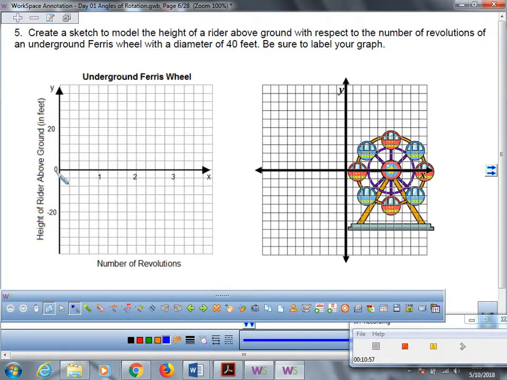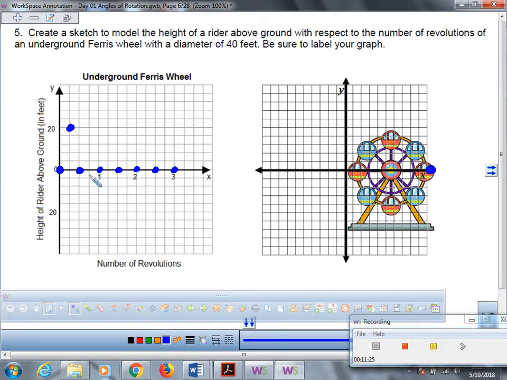So if I'm going to get on the Ferris wheel at ground level, right here. That's where I'm getting on my Ferris wheel. So I'm technically at 0 feet. Halfway around, I'm also going to be at 0 feet, right? And so on and so forth. And then when I go a quarter of the way around, I'm going to be at 20 feet.